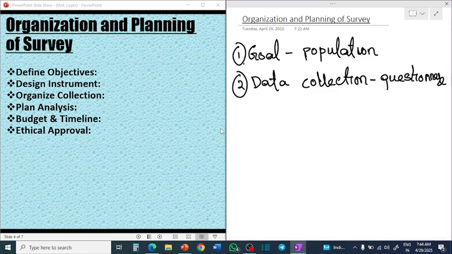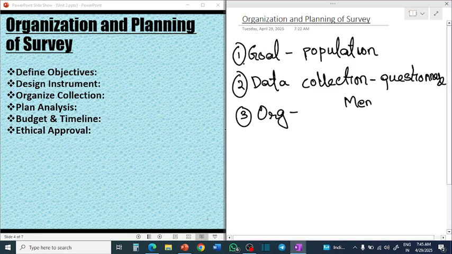Third, we have to organize the data. After we have collected all the information, we have to organize it. We can organize it on the basis of the members of the family.